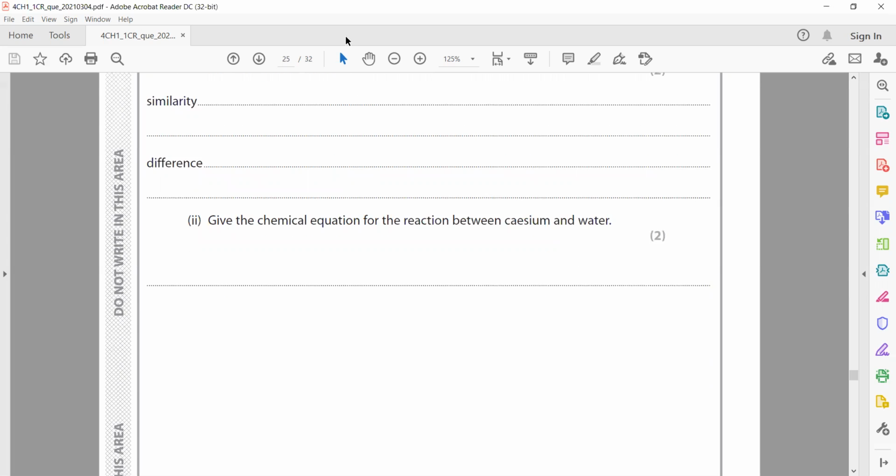Then the equation for the reaction of cesium with water. These are group 1 metals; they will form hydroxide and hydrogen gas. So cesium hydroxide will be there and hydrogen gas. This is a balanced equation.